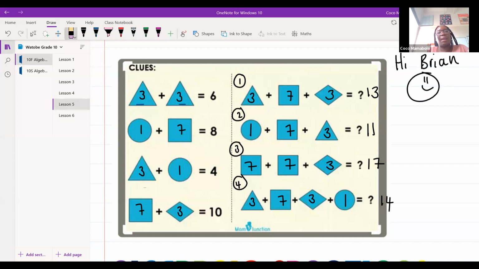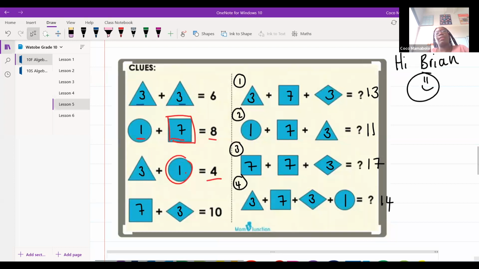Now, 3 plus something is equal to 4. So that means our circle is 1. And I'm going to go back up here, and 1 plus something needs to give me 8. And that's how I know that a square is 7, because 1 plus 7 is 8. Do you see how we get this, Tembile? Okay, and that's how we get to 8.